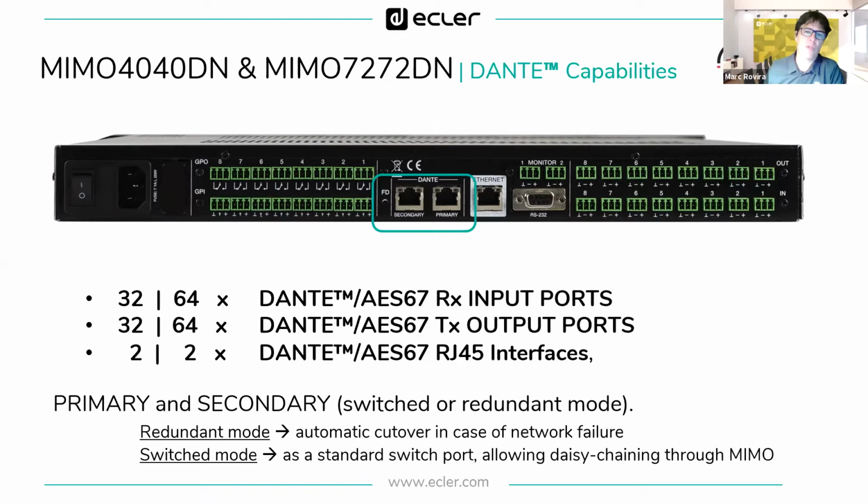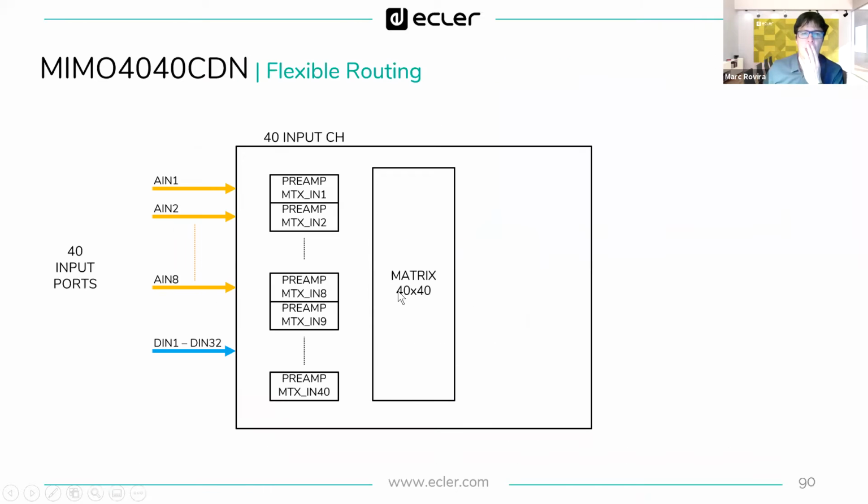In switch mode, there's no redundancy, so you are using this to connect another device after this one. So you can daisy chain another MIMO, a remote, whatever you want. Okay, so I explain also, just in case you did not reach the signal correctly, about flexible routing.